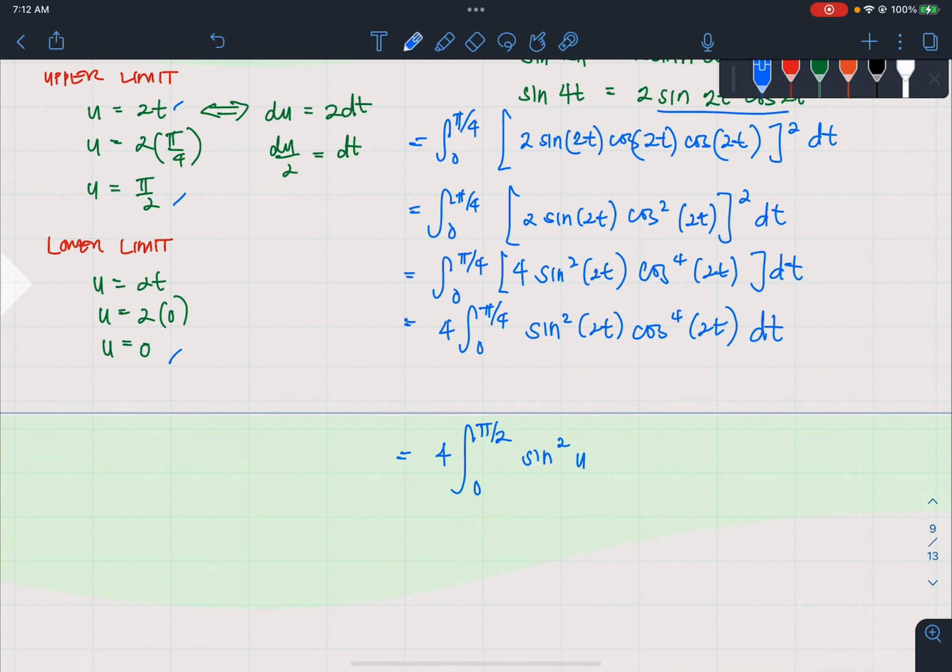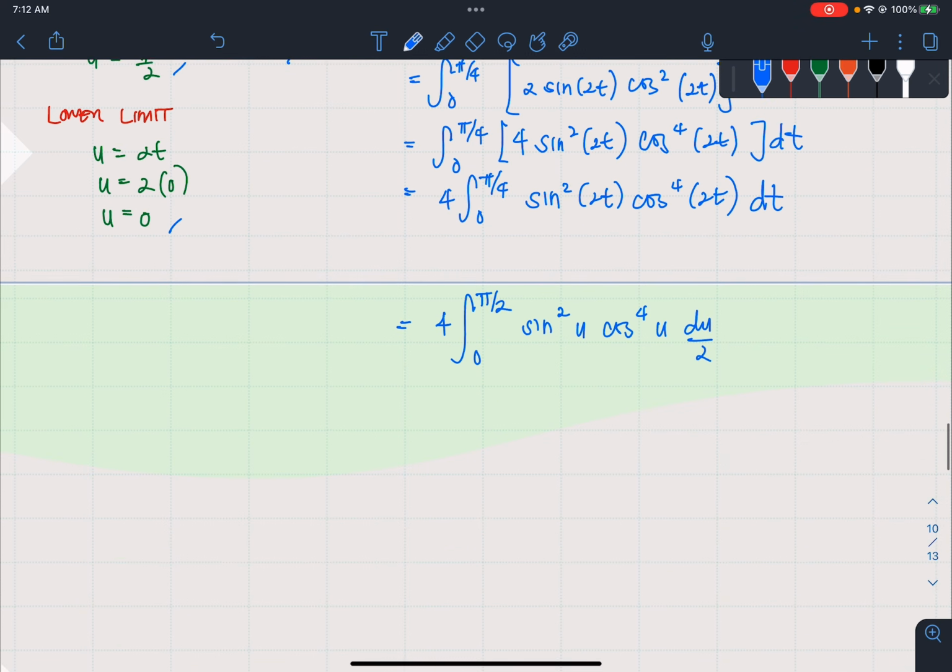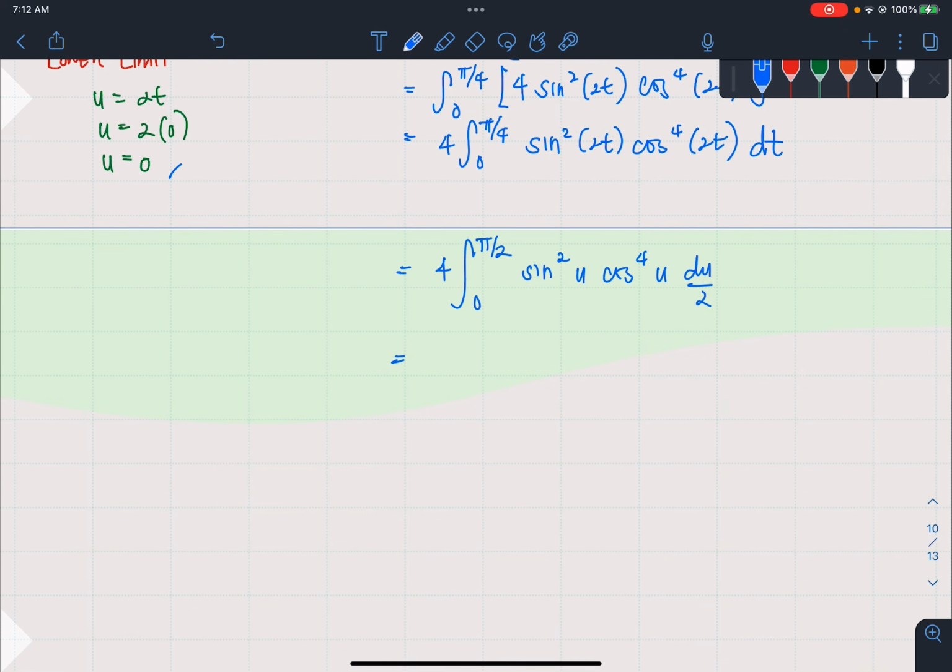So sine squared u, then cosine to the 4th u, and then dt is du all over 2. So we can move out 1/2. So 1/2 times 4 will become 2, from 0 to pi all over 2, sine squared u, cosine to the 4th u, du. So both of them are in a single angle. Then the lower limit is 0, the upper limit is pi all over 2. So it's the format of the Wallis rule.